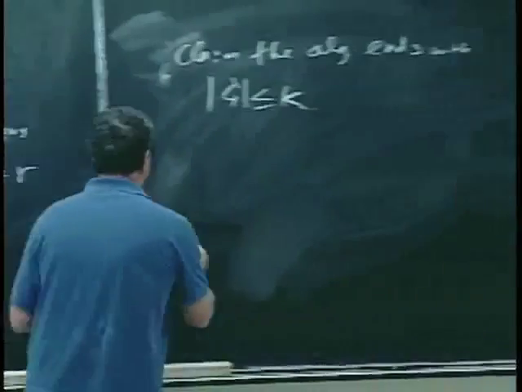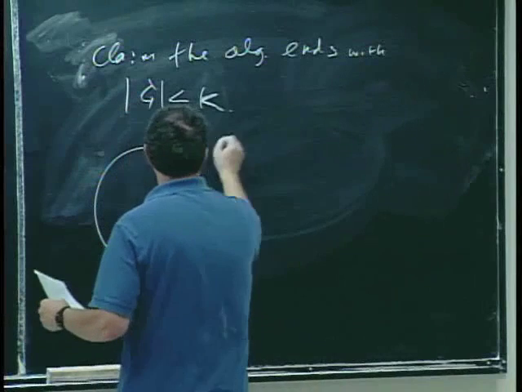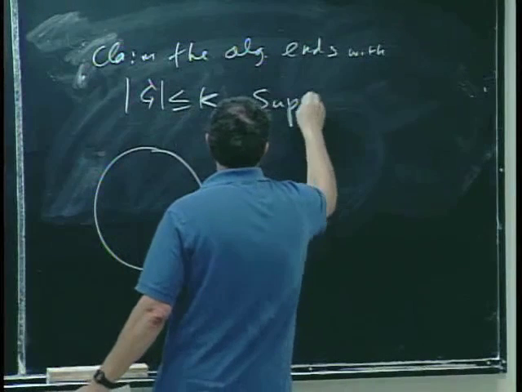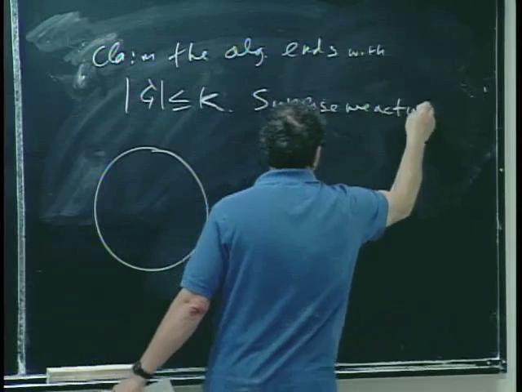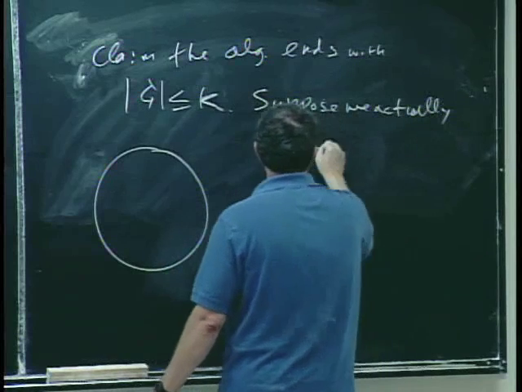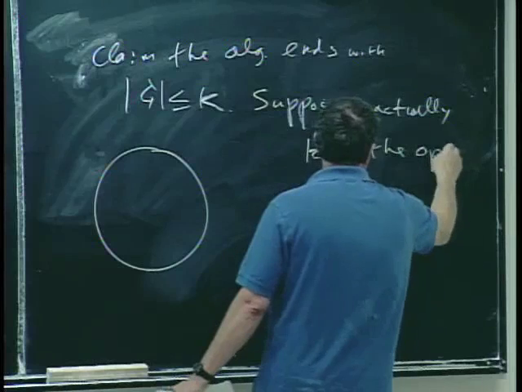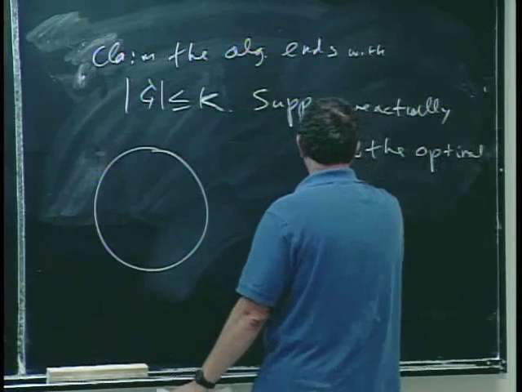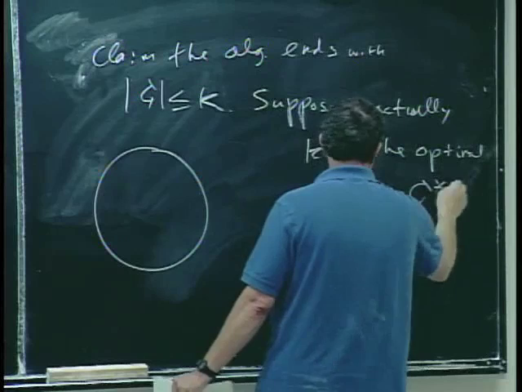So here's the idea. Suppose we actually know the optimal solution, and I'll call it C star.